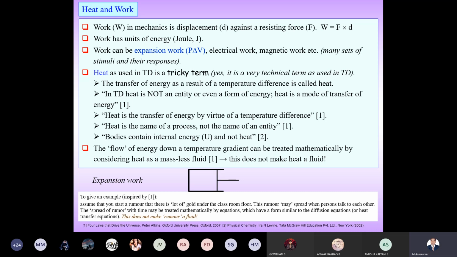Expansion work happens because of the heat transfer of energy in this process, so work and heat are interlinked. Just keep in mind that heat and work join together to do work in a system.